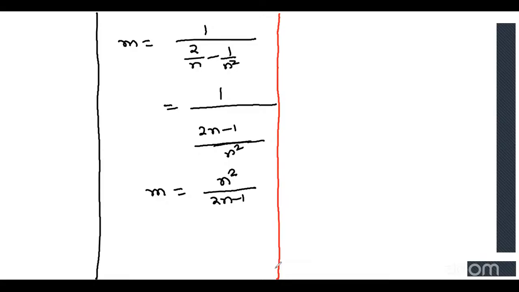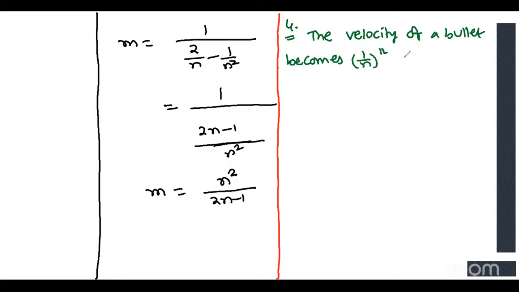Next, I think the next application, it is number 4. Number 4: the velocity of a bullet becomes 1 by nth of the initial velocity while penetrating a plank.